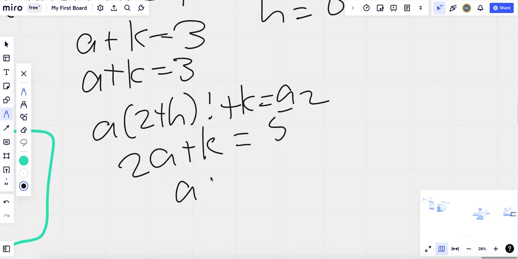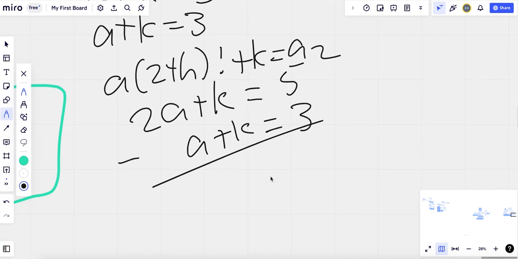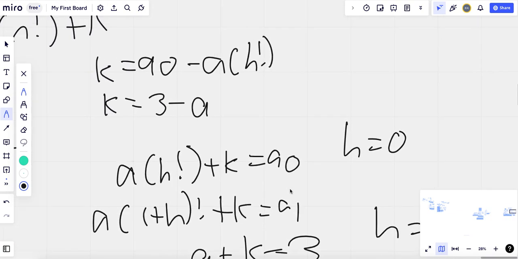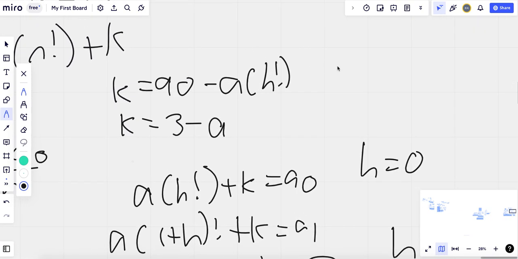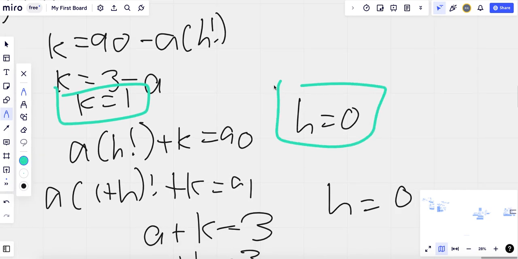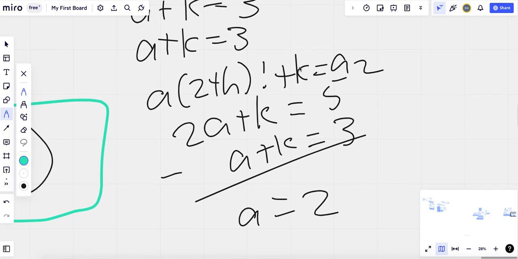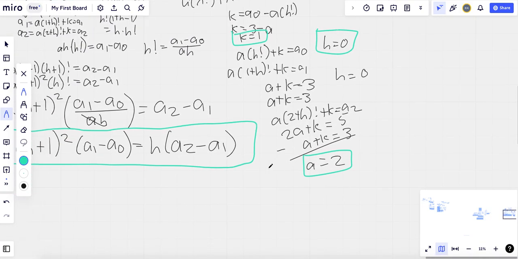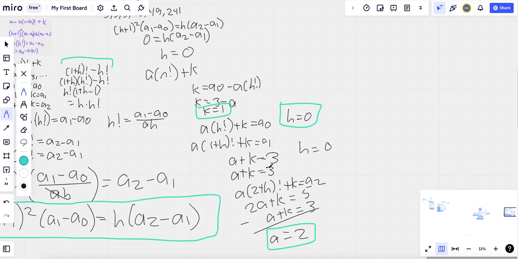And we have A plus K is equal to 3. So we subtract these two, we're going to get A is equal to 2. So now that we know A equals 2, we can go back to this equation, and it means that K is 1. So we know that K is 1, h is 0, and A is 2. So now we have our answer because we know all our variables.